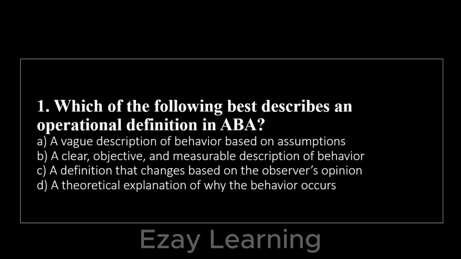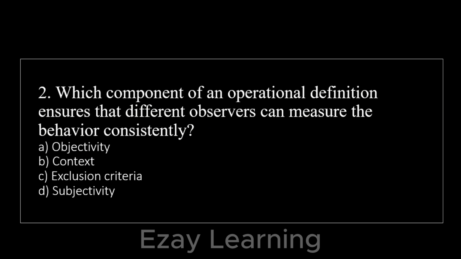Coming towards the MCQs. Which of the following best describes an operational definition in ABA? A clear, objective and measurable description of behavior. Which component of an operational definition ensures that different observers can measure the behavior consistently?